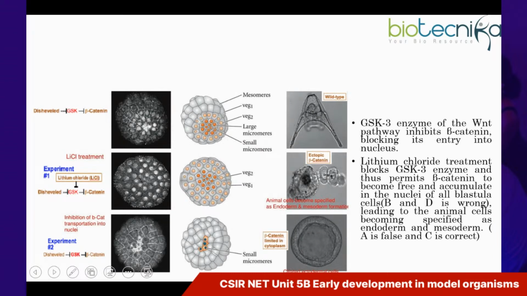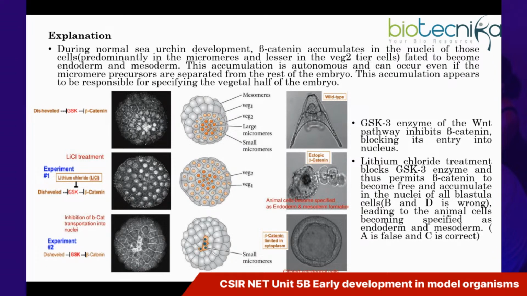So see here, this is what I told you, that if GSK is blocked, in some other question you may get this. The agent which blocks GSK3 is lithium chloride. As we discussed in the classes, if you have the lithium chloride treatment, then they block GSK.